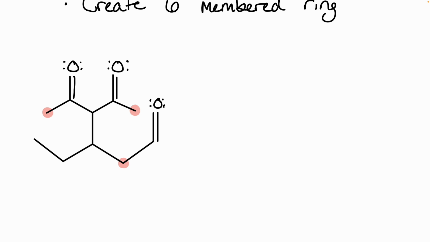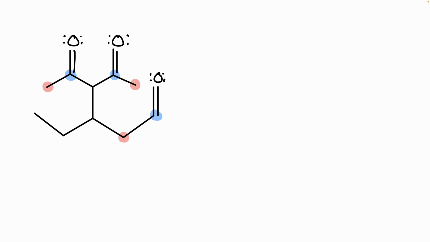And we also have a bunch of electrophilic carbonyl carbons all in the same molecule. And again, that's what's going to happen: this molecule is going to react with itself to form this six-membered ring. In order for this to occur, what we're looking for is an alpha carbon that is exactly 6 carbons away from a carbonyl carbon, right? We need that perfect spacing in order to form our six-membered ring here.